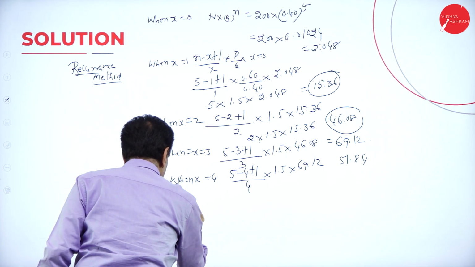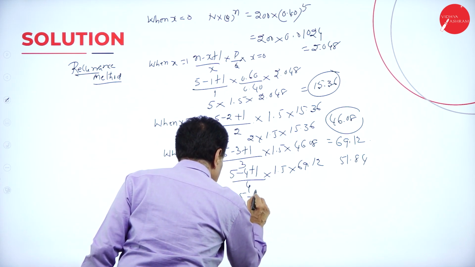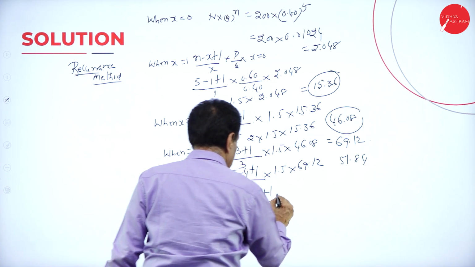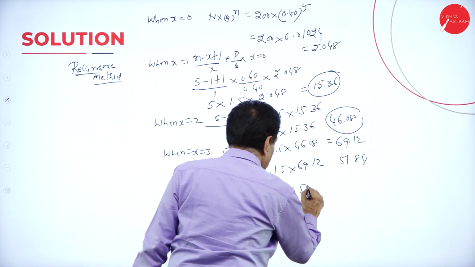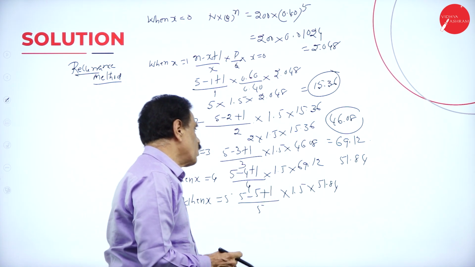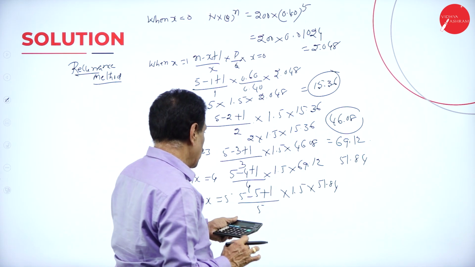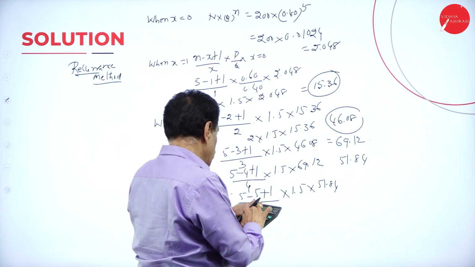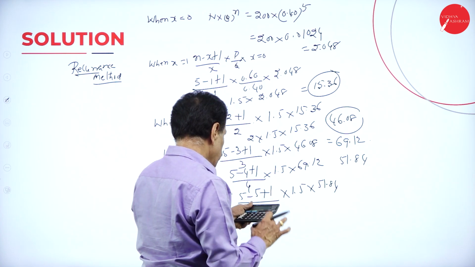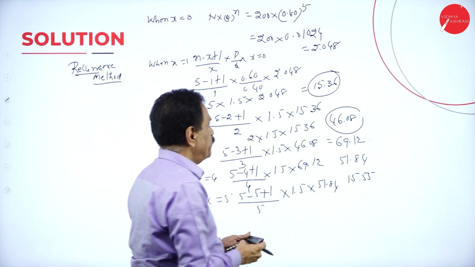Last one. When x is equal to 5: 5 minus 5 plus 1 divided by 5 into 1.5 into 51.84. 5 minus 5 is 0, so 1 over 5. 1 divided by 5 into 1.5 into 51.84 is 15.55.